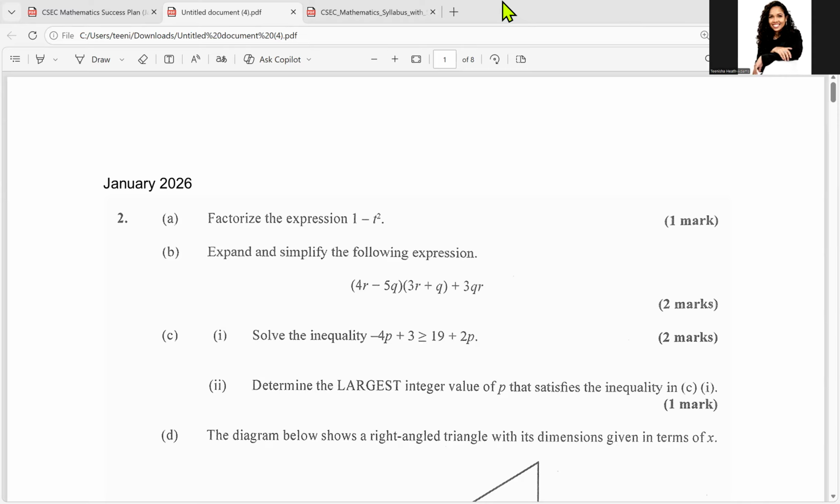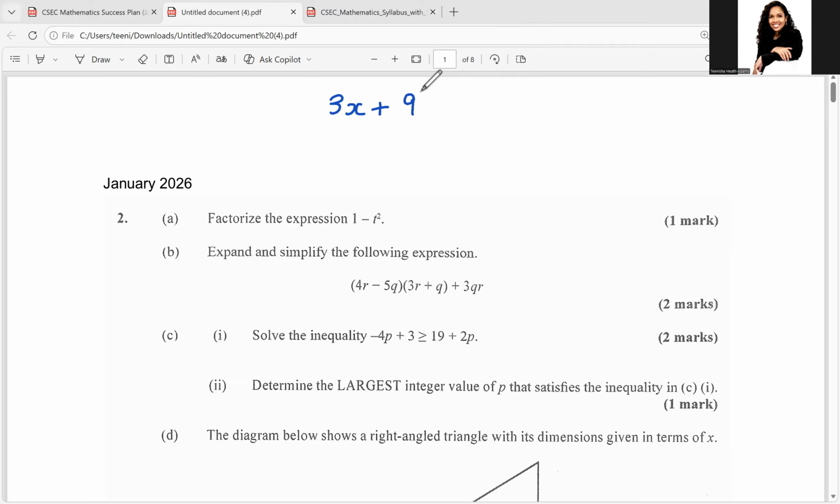I don't know if you all remember how to factorize, but factorizing has to do with writing an expression in a simpler form, right? So for example, let's say I have 3x plus 9.